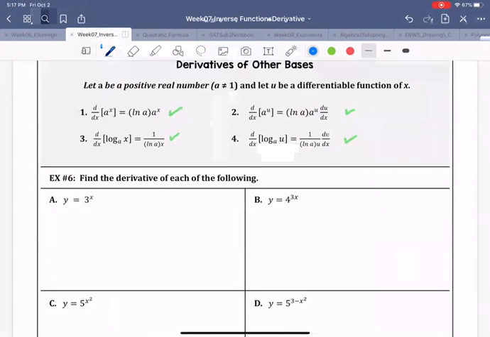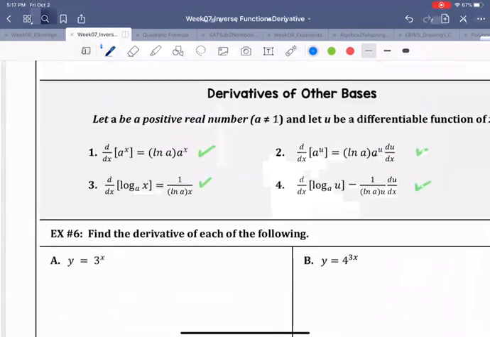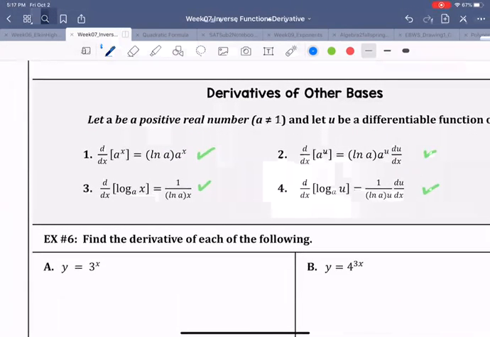I even derived this formula for you before. e to the power x, the derivative is e to the power x, right?